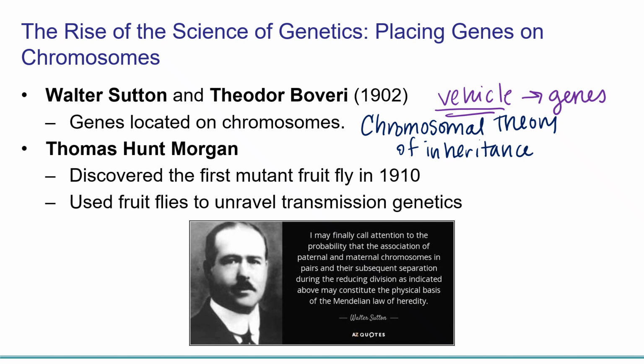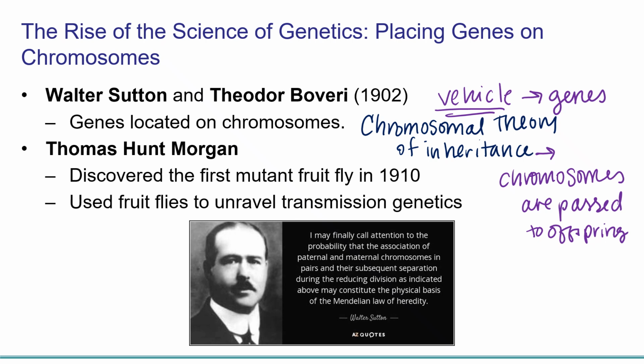Sutton and Boveri said genes are located on chromosomes. Our specific instructions are located on chromosomes, and those chromosomes are passed to offspring.